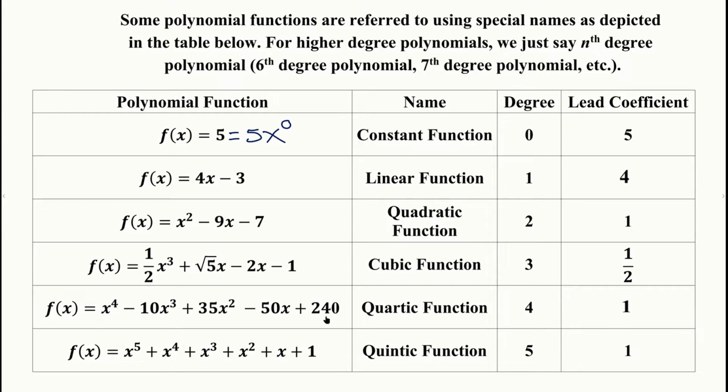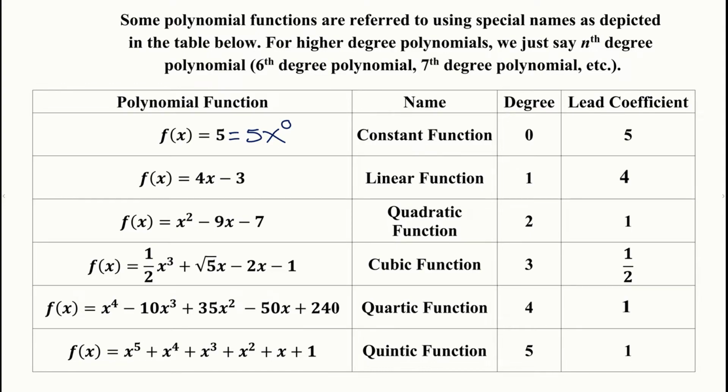In the next one, we have a 4th degree function, also known as a quartic function, and notice that here the lead coefficient is 1, and the degree, of course, is 4. In the next one, which is called a quintic function, it's a 5th degree polynomial, and the lead coefficient is 1.